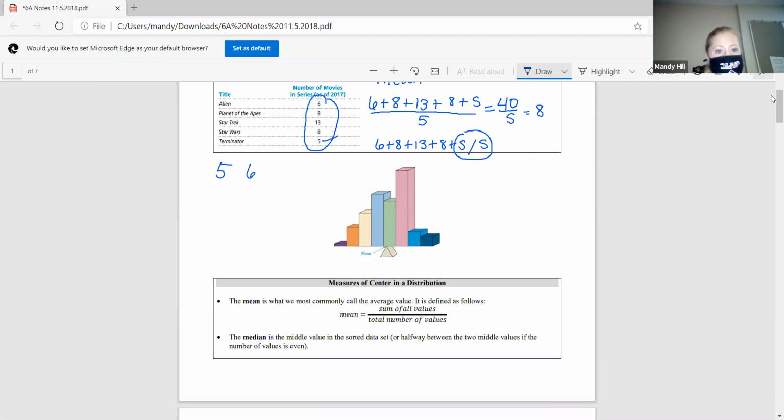Then we've got 6, and we've got 2 8s and a 13. This number right here is the one in the middle, and that would be my median. In this case, the median and the mean happen to be the same thing, but that doesn't always happen, right?